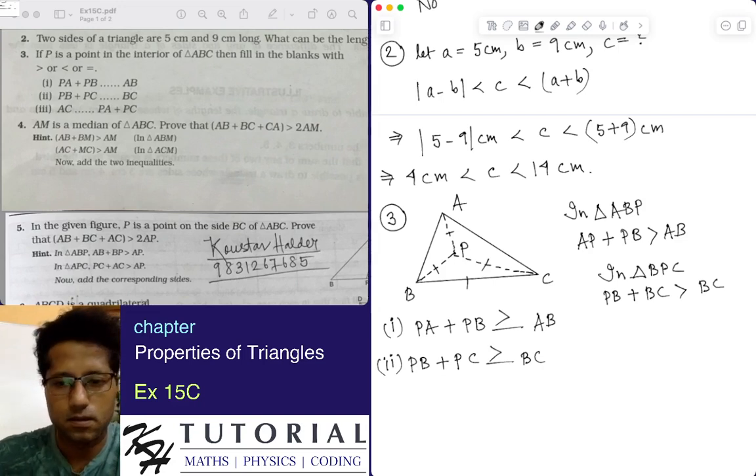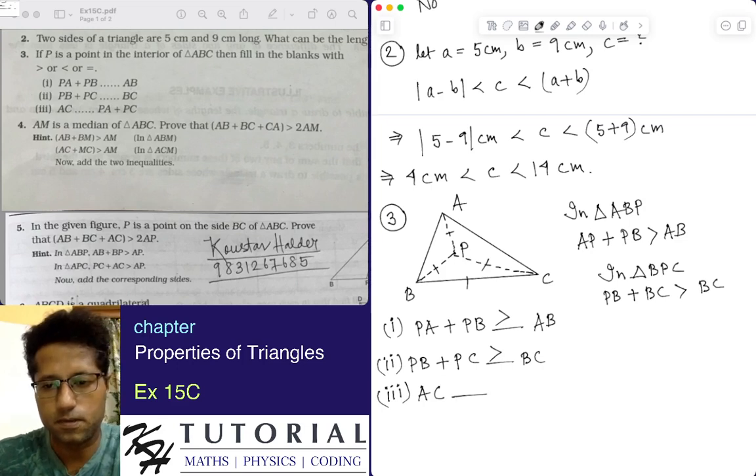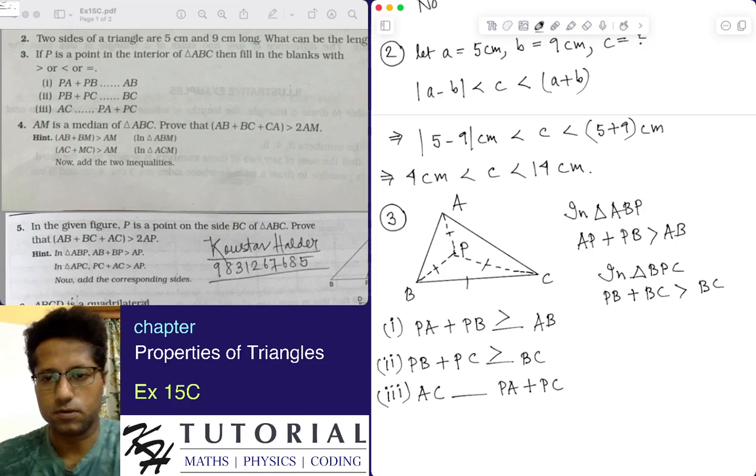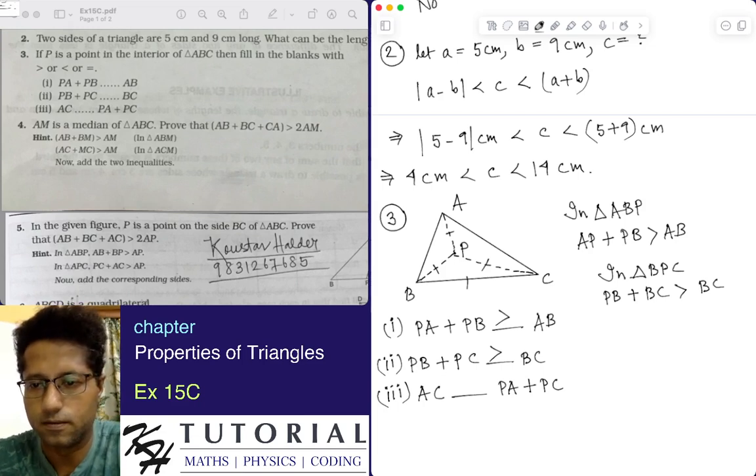Okay. The third one is AC dash PA plus PC. Now we have to consider triangle APC.